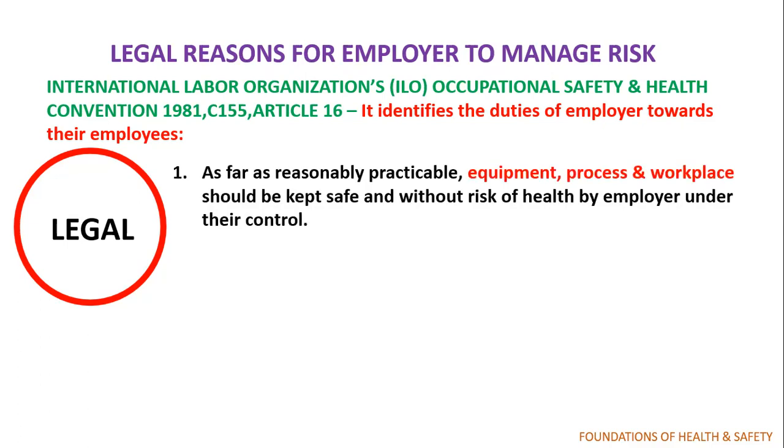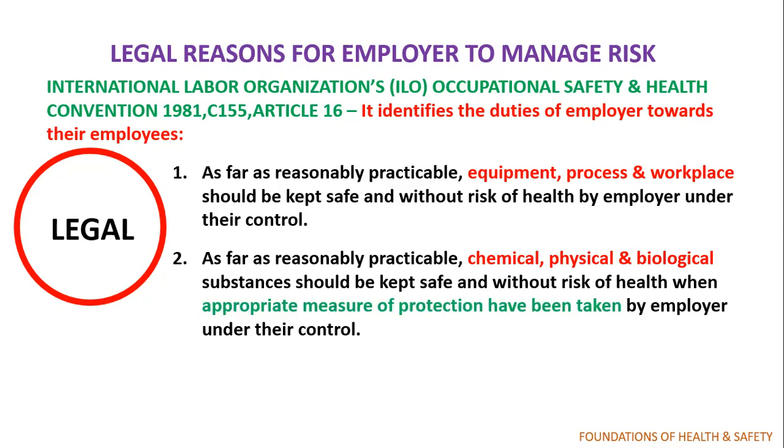So the first is, as far as it is reasonably practicable, equipment, process, and workplace should be kept safe and without risk to health by the employer under their control. So the employer should keep his equipment, process, and workplace in a safe condition.